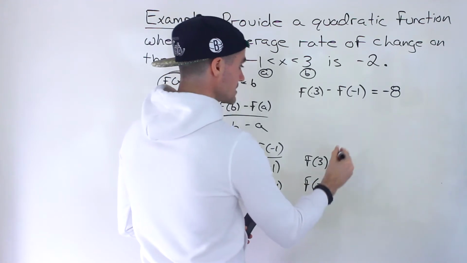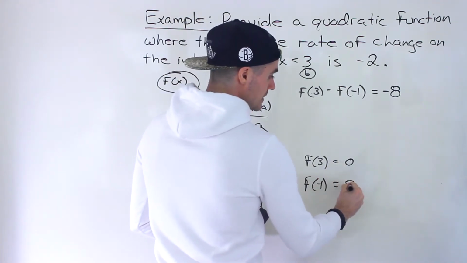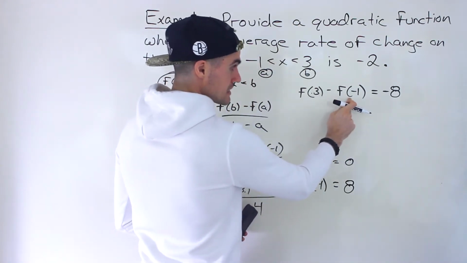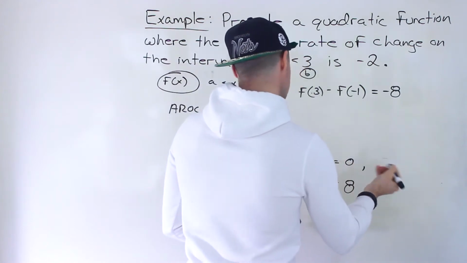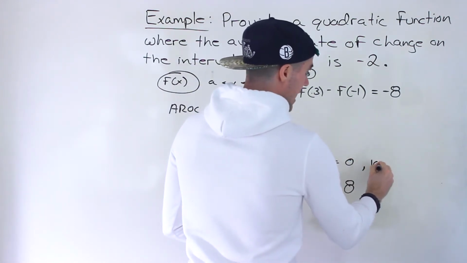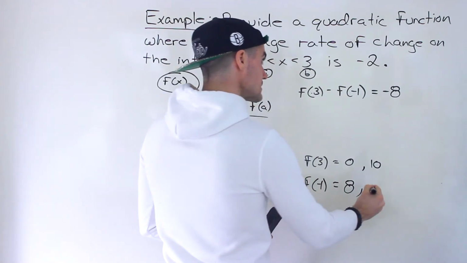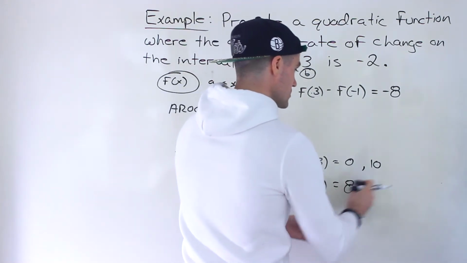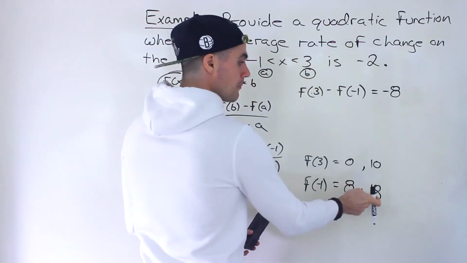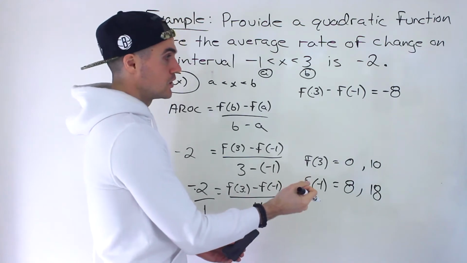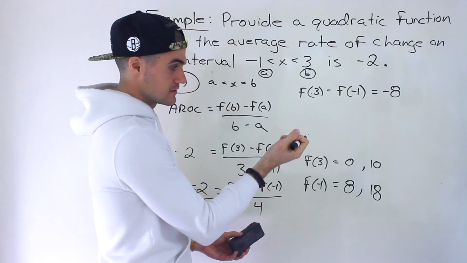So for example, we can say f of 3 is going to be 0, and then f of -1 would be 8, right? 0 minus 8 would give us that -8. Or we can say, let's say that f of 3 would be 10. Well, then f of -1 would have to be what? 18, right? 10 minus 18 would give us -8, right?